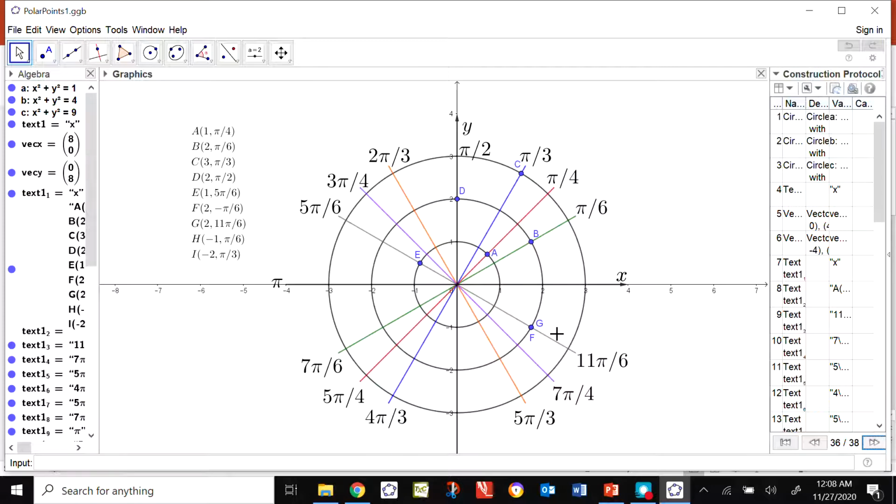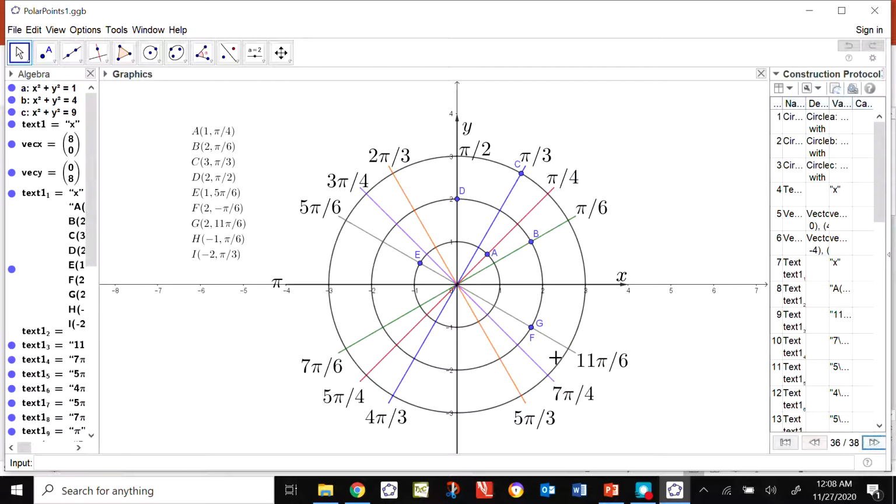Yep. So that is what is a tad bit weird about polar coordinates. The very same point can be represented in more than one way. I can call this 2 negative pi 6, or I can call this point 2, 11 pi over 6.